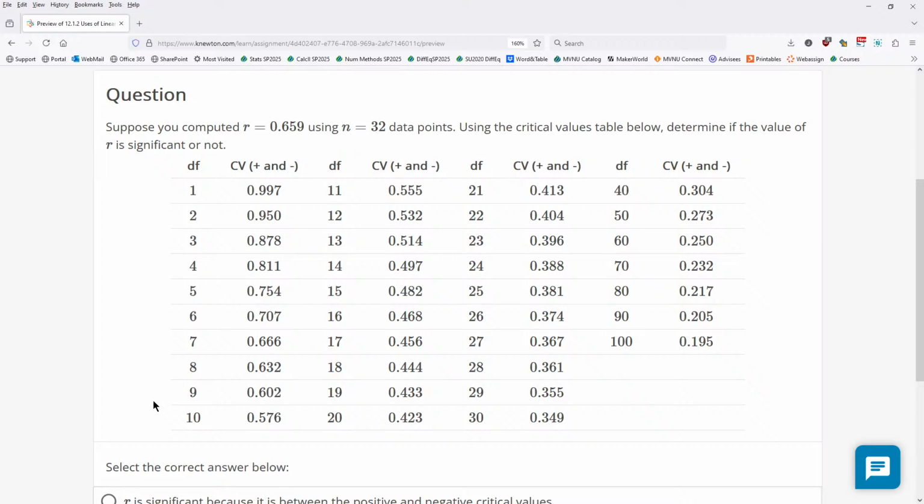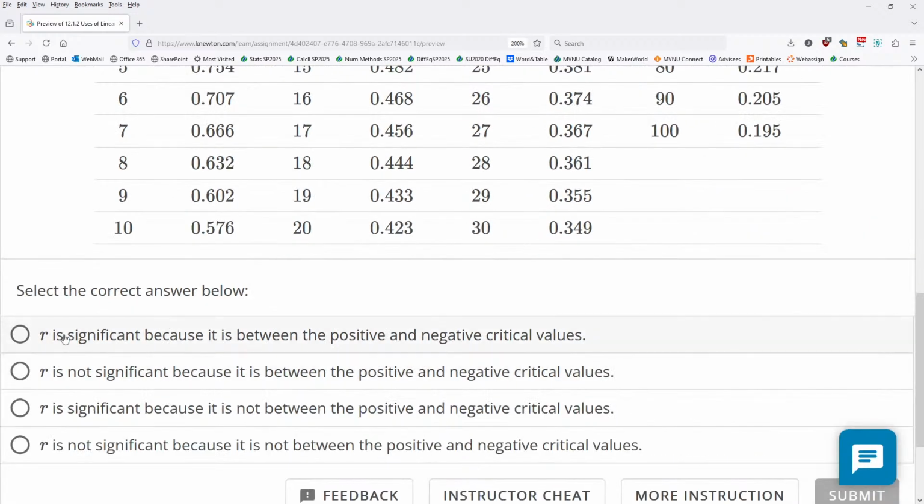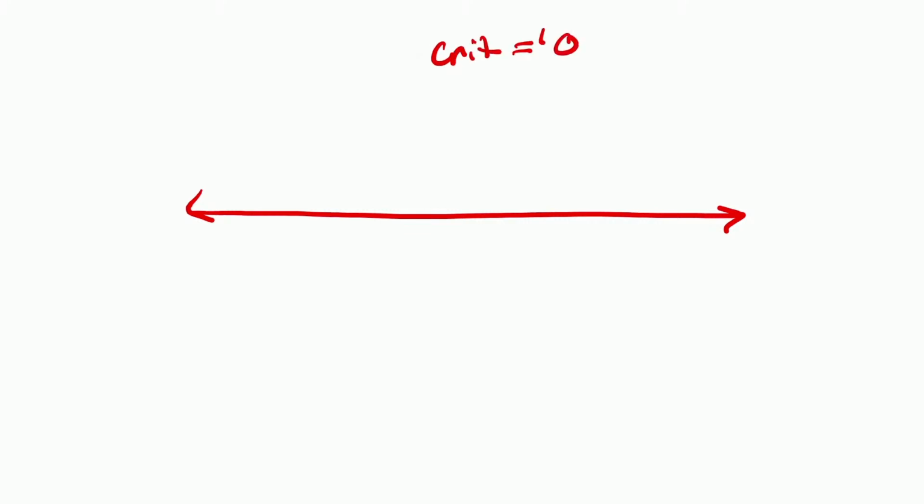The language is a little bit weird, so that's why I wanted to show you this. Notice they say it is significant, so it's either this one or this one. It's actually the second one, because R is significant when it is not between the positive and negative critical values. If you were to draw this on a number line, the critical values were like plus or minus 0.3 something, and your R value was 0.6 something.